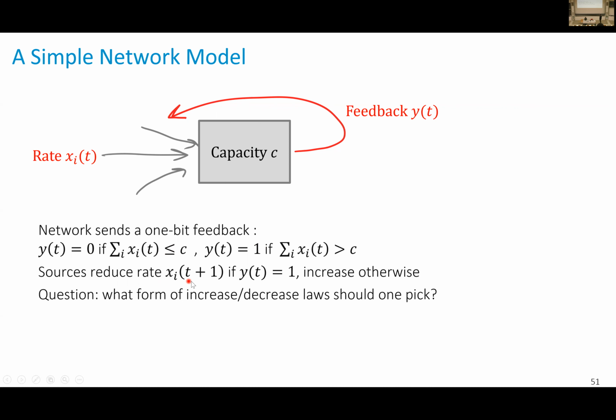And then the sources are expected to reduce their rate when they receive negative feedback, and otherwise they can increase. Of course, they will not increase forever. They increase until their own capacity is reached here. Voila, that's the framework. We'll do a break now, and after the break, we will see how this led to the control systems that we have in the internet today.